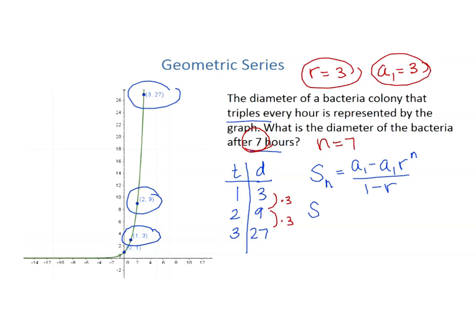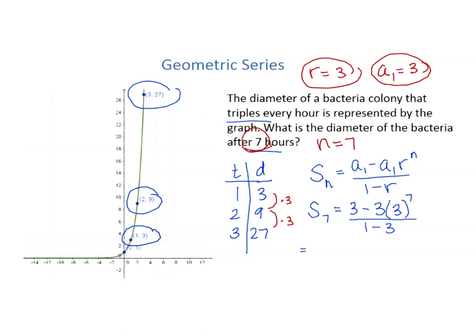And I'm going to plug everything in. So the sum of the first 7 numbers in this sequence would be a1, which is 3, minus a1 again, which is 3, times r, which is also 3, raised to the nth power, which in this case is 7, over 1 minus 3.